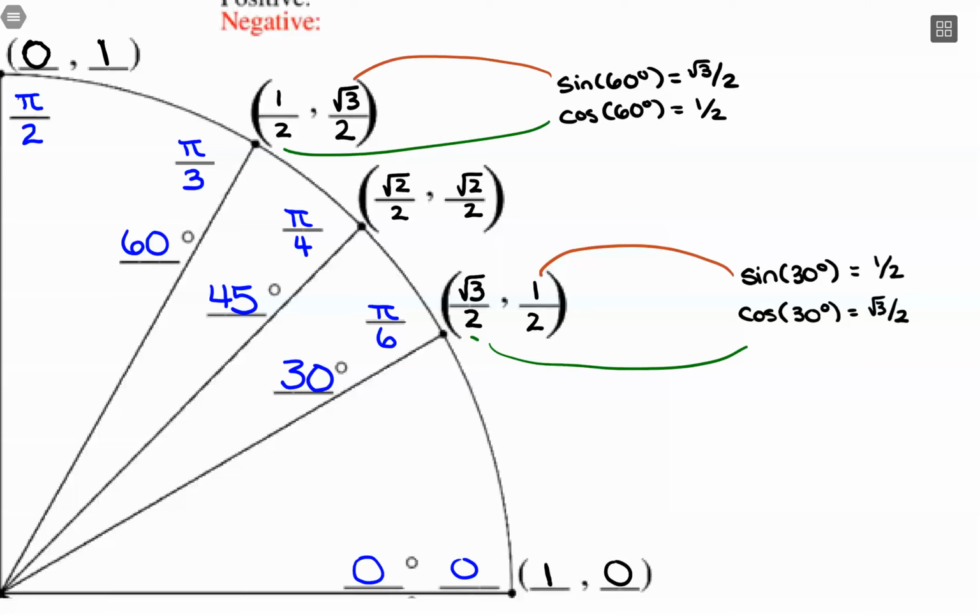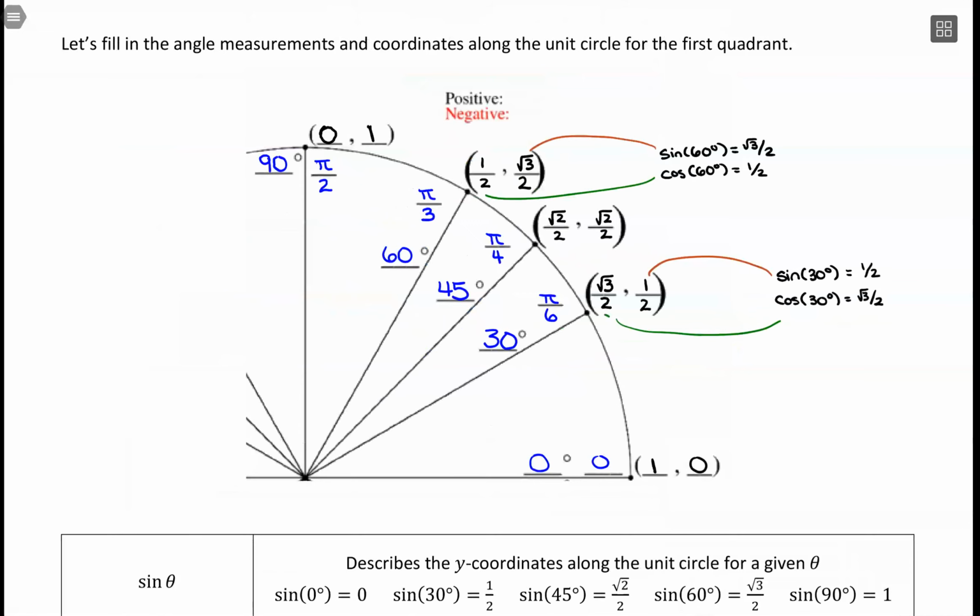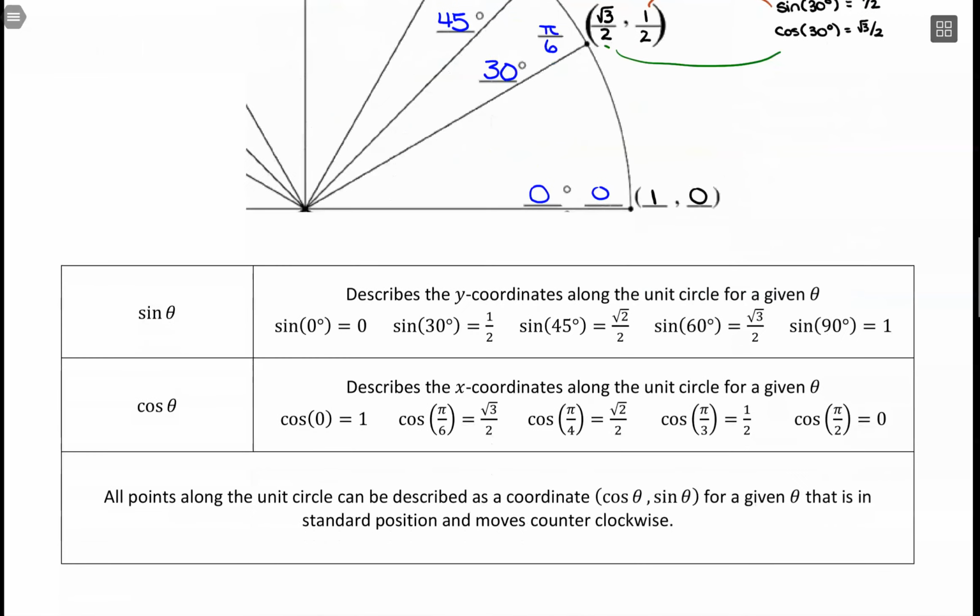And that's a relationship across our entire unit circle. It's what we're going to refer to so that if we need to evaluate sine and cosine for angle measurements that are increments of 45 or 30, we can find them as coordinates on the unit circle. For sine, that is our y-coordinate.